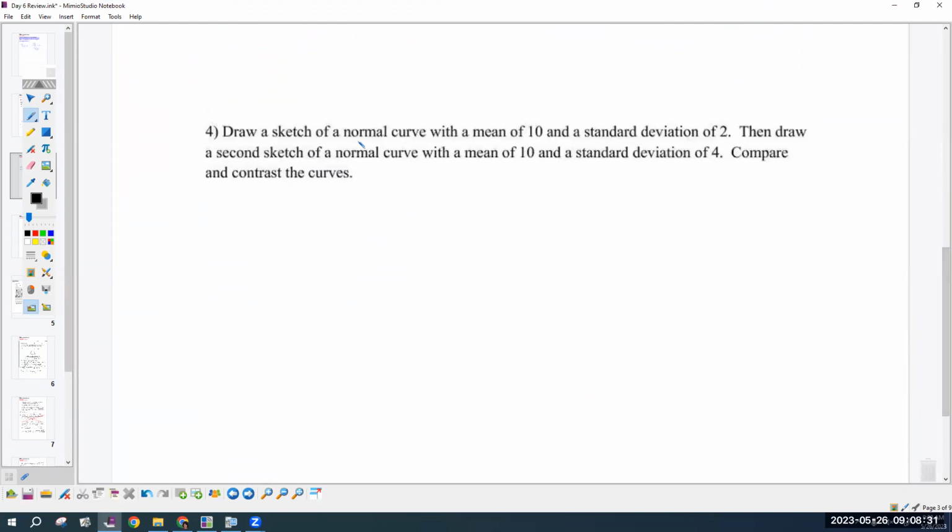Okay, draw a sketch of a normal curve with a mean of 10 and a standard deviation of 2, then draw one with a mean of 10 and a standard deviation of 4. I'm going to put this on the same grid.